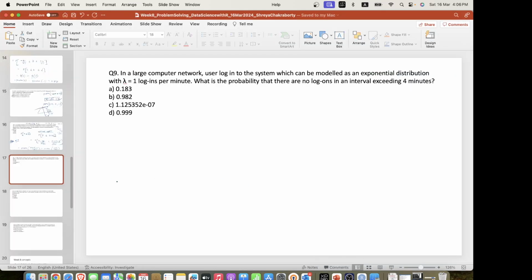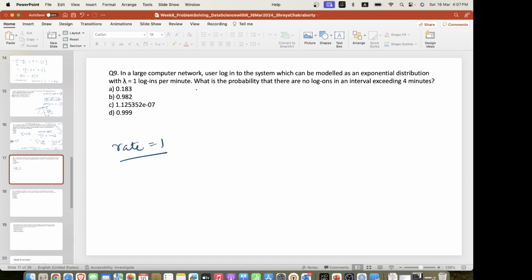Okay, so users log in to the system, lambda equal to 1 logins per minute. So then in that case, the rate of login is 1. Okay, and we have to find out no logins in an interval exceeding 4 minutes.